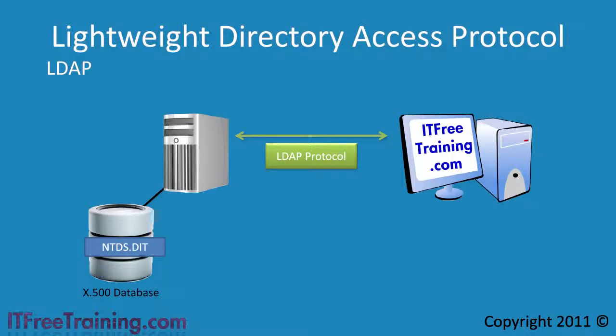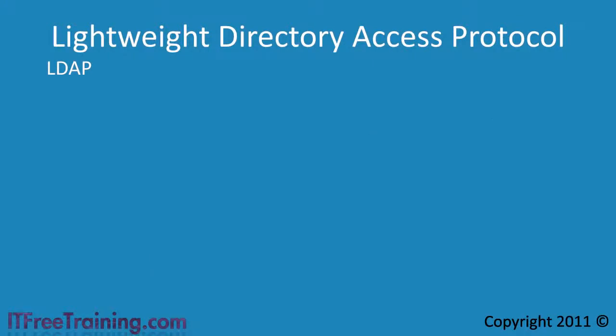To understand LDAP syntax, first consider what syntax you would use to access a file on your hard disk. To access a file on the hard disk, you would first put the drive letter, like C:, and then /. This would give you the root of the hard disk. To access a folder, you would simply add the folder, like users. To access a file, you would add / followed by the file name, like joe.doc.